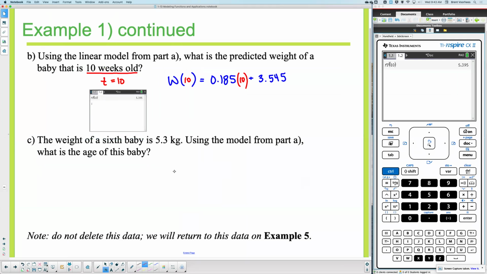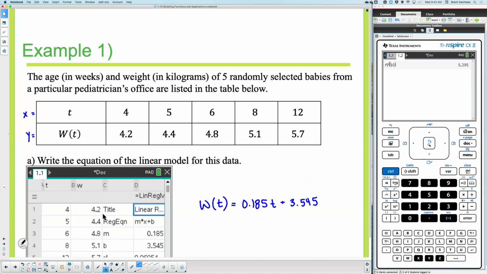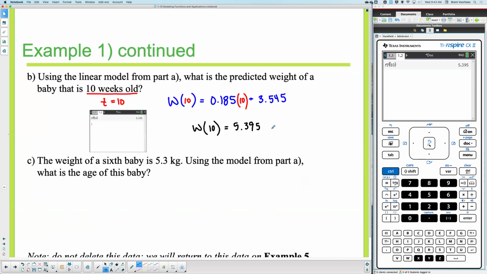And so the weight at 10 weeks would be 5.395. And what is that in kilograms? Is that what it was? I forgot. Kilograms, yes. Or maybe I should just write it in using English words.